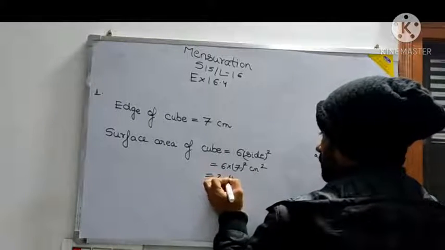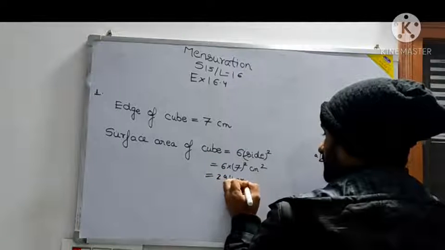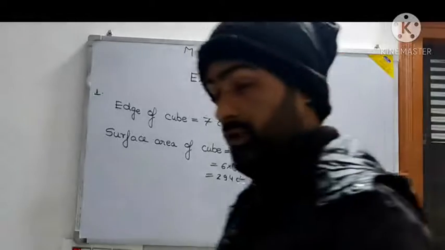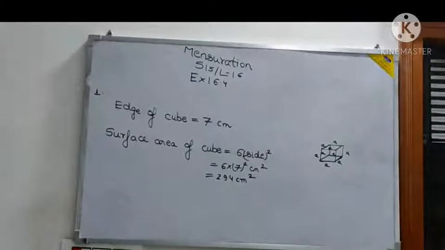So 294 centimeter square. Please mind the unit of the area also. That also is equally important. You should please consider this one also.